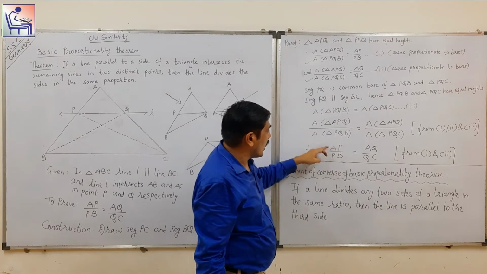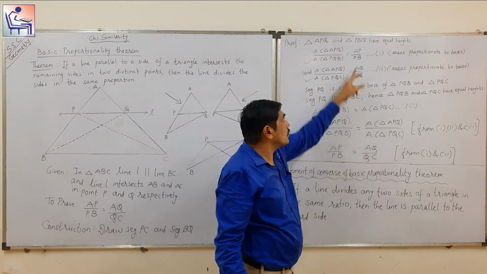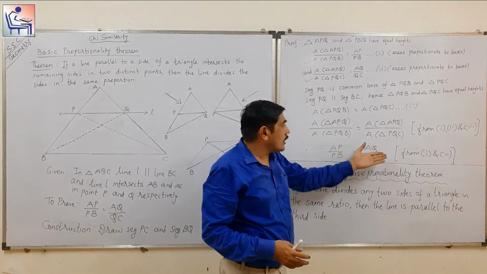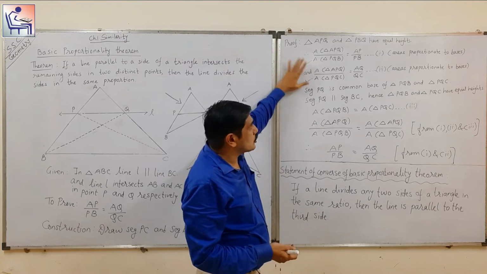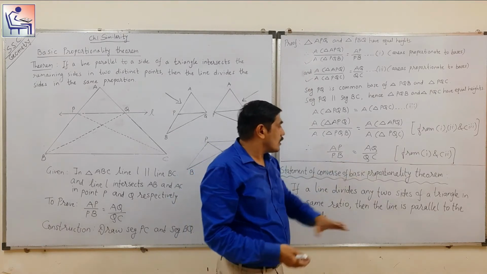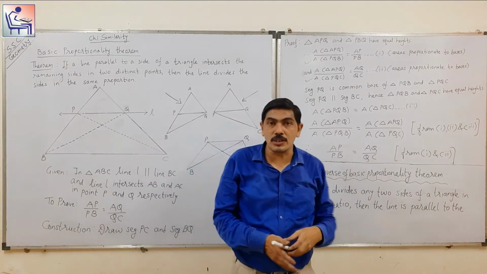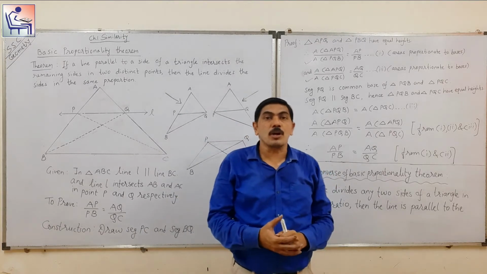So we can say that AP upon PB is equal to AQ upon QC. So here from 1 and 2 we got this reason. AP upon PB is equal to AQ upon QC, the thing which we want to prove. So this is what we had to prove.